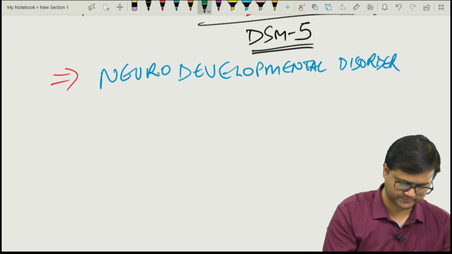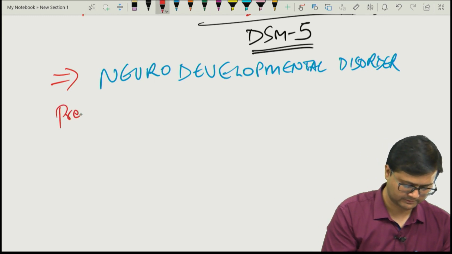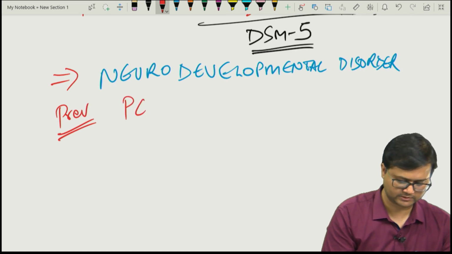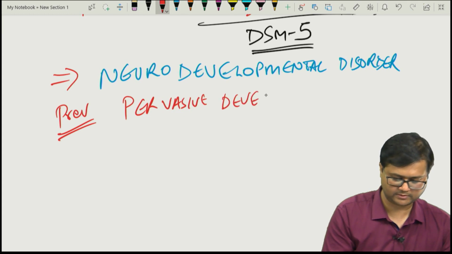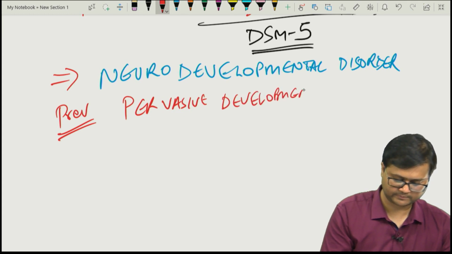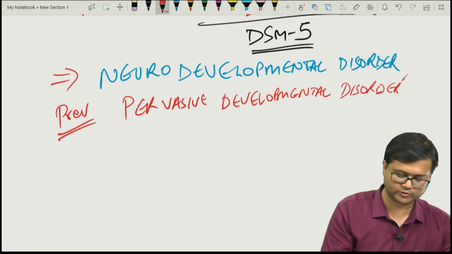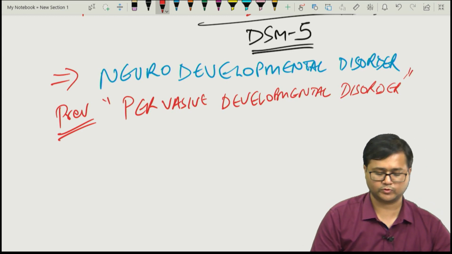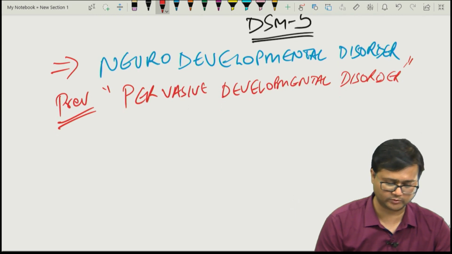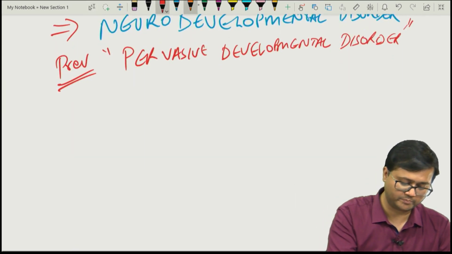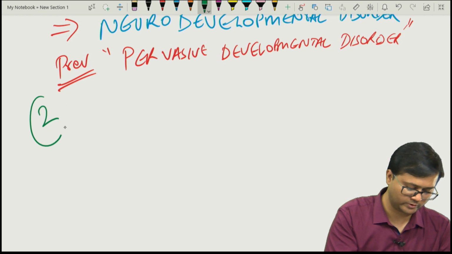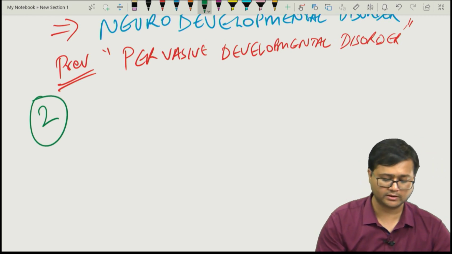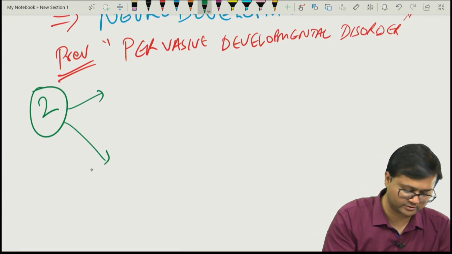There are two important characteristics of ASD, or autism spectrum disorder. Previously it was also known as pervasive developmental disorder, so you need not be confused when the term pervasive developmental disorder is used. It was used previously. Now there are two important clinical features which generally describe autism spectrum disorder.